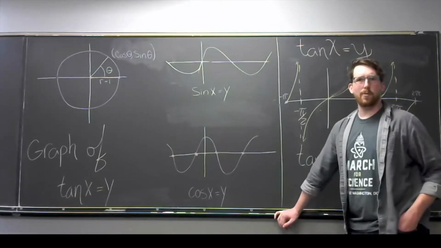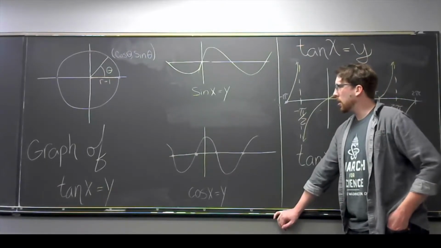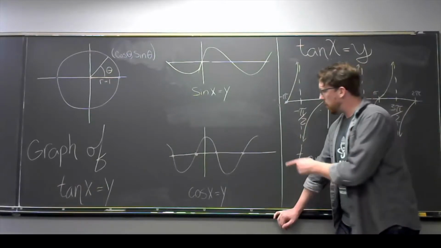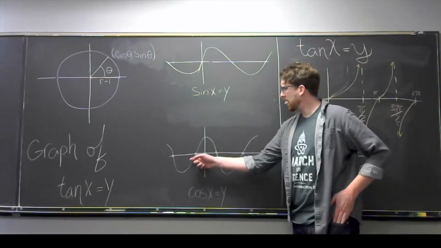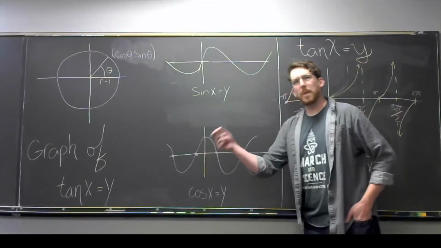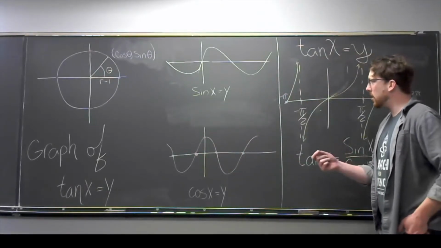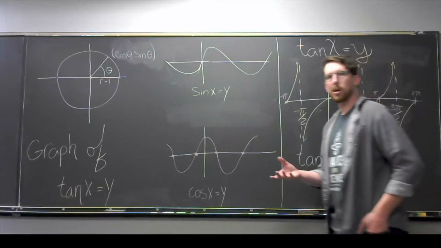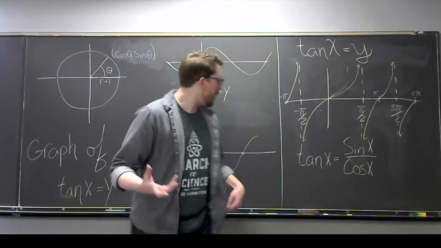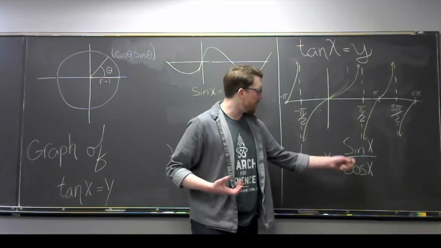That's not helpful at all. But if we look at our cosine function, odd multiples of pi over 2, that's when cosine is 0. And it just so happens that we know tangent is equal to sine over cosine.